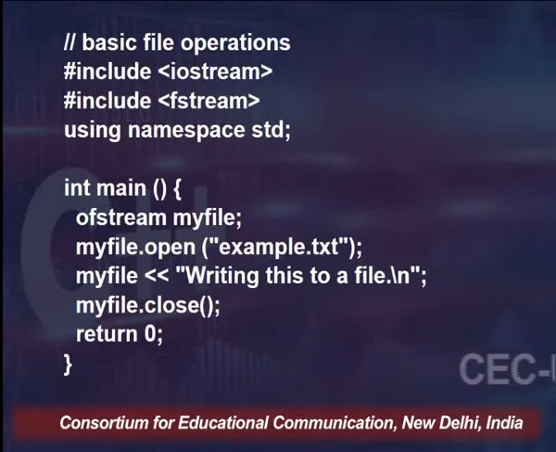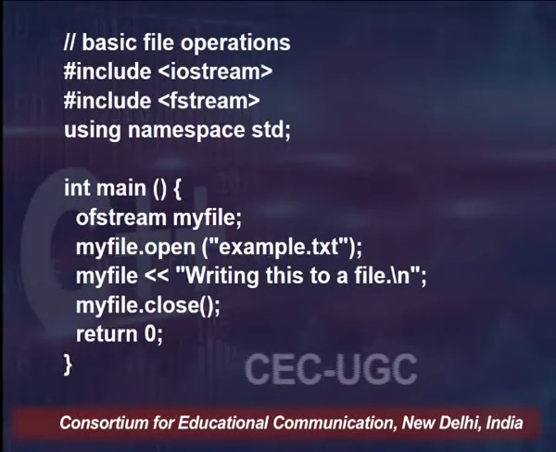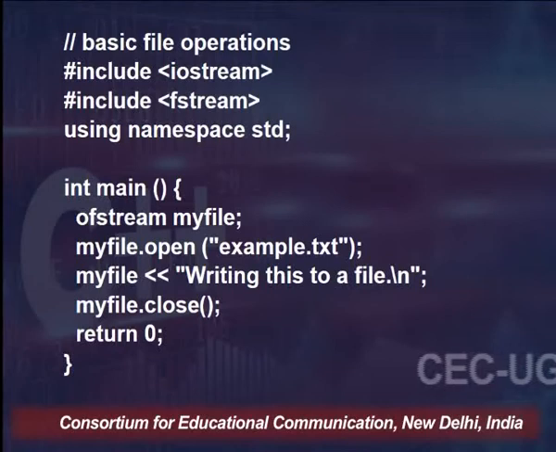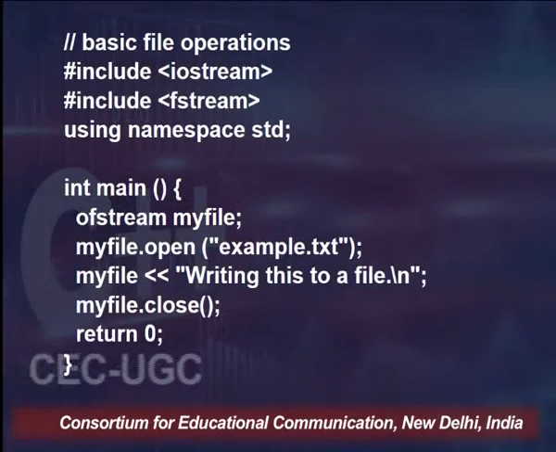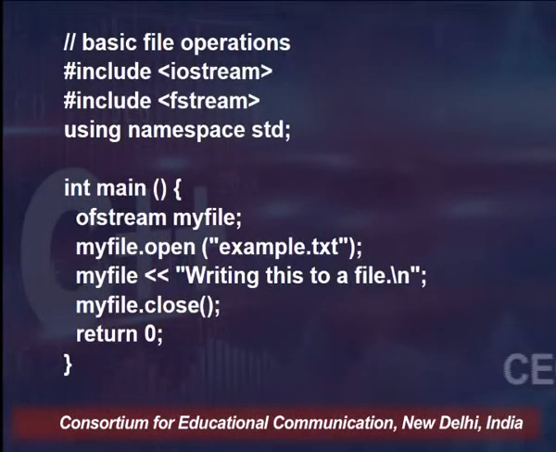That means this string, writing this to a file, will be written inside the file which is attached to the object. The file attached to the object myFile is example.txt, and the string will be written into that example.txt, and then we have simply said myFile.close with a simple return 0.